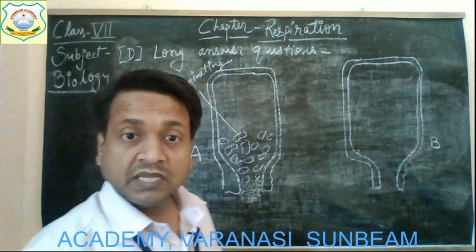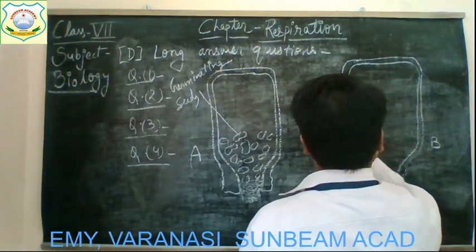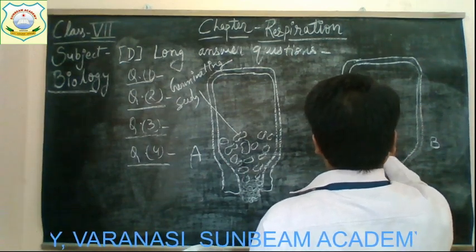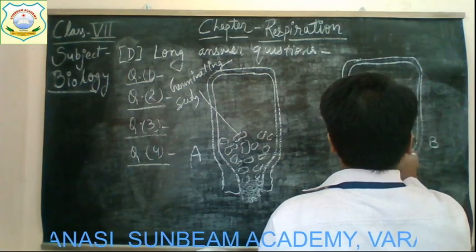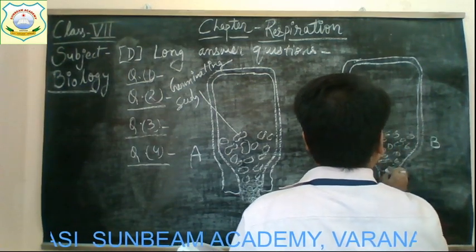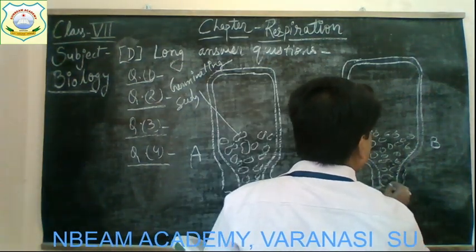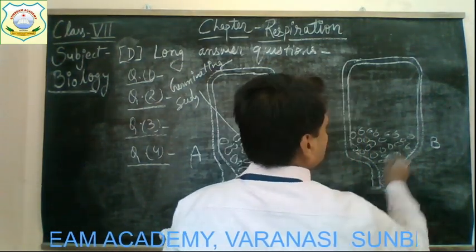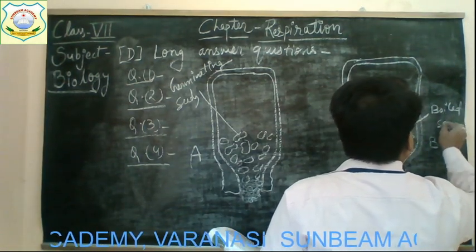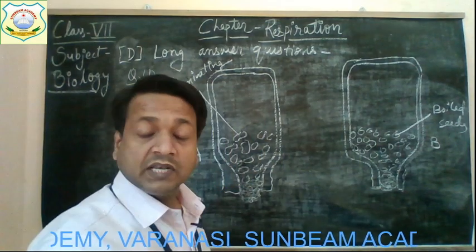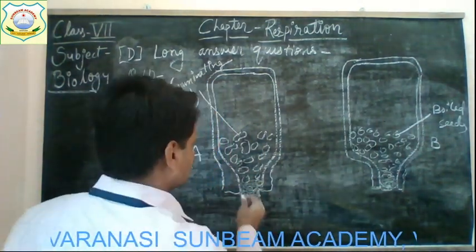And in flask B, we will take boiled seeds, and also put some cotton at the mouth of the flask. So these are boiled seeds. Now we'll insert thermometers in both the flasks.